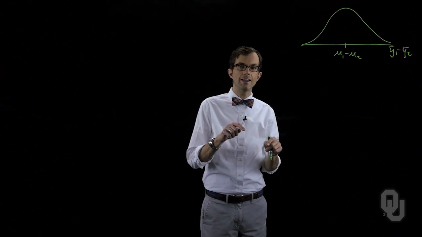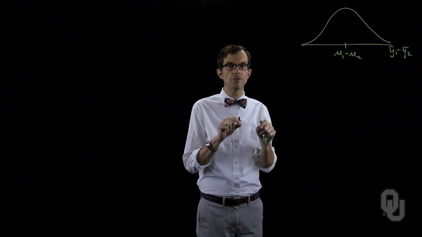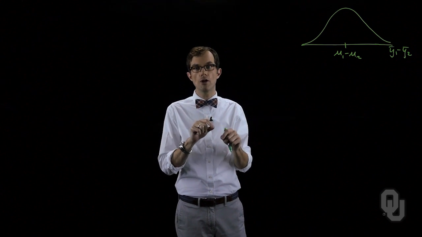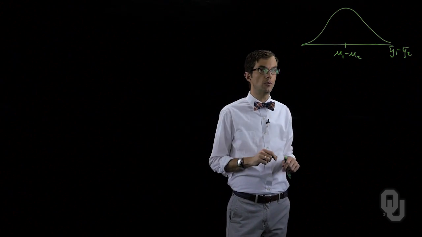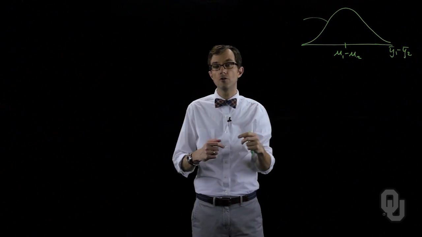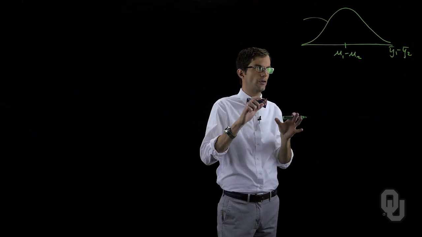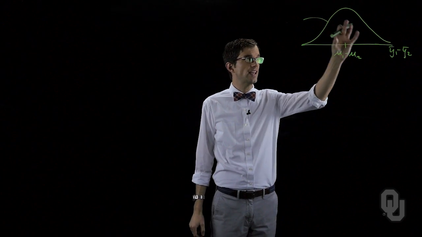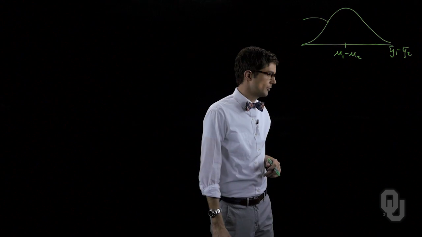And we know that if we don't know what the standard deviations are for the two populations, if we don't know sigma 1 and sigma 2, but if we assume that they are equal, then the standard deviation of this thing we assume to be a pooled standard deviation. Okay, pooled standard deviation is just a way to calculate the standard deviation for this sampling distribution.